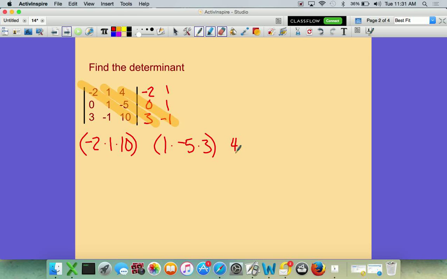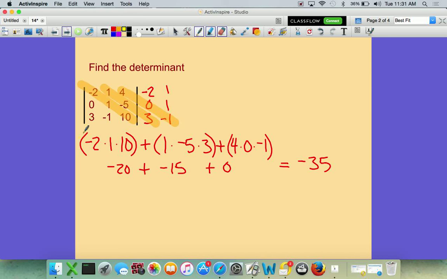And our third one, we're also going to multiply together. Then we're going to add these all together here. So this turns into a negative 20 plus, let's see, that is a negative 15 plus 0. So when we add all these together, we end up with a negative 35 here for all of the down ones.